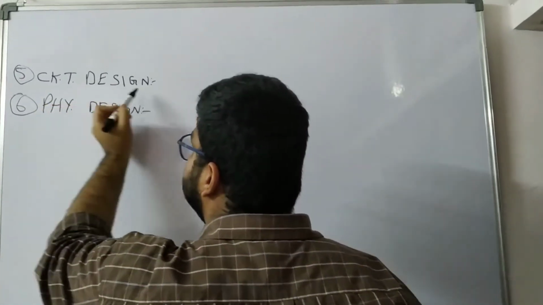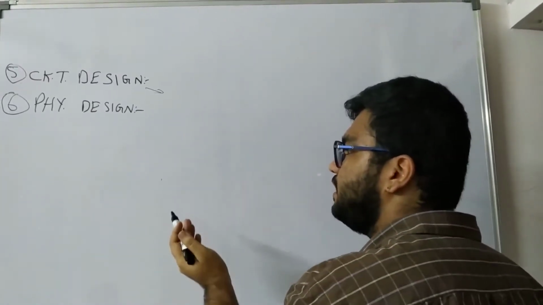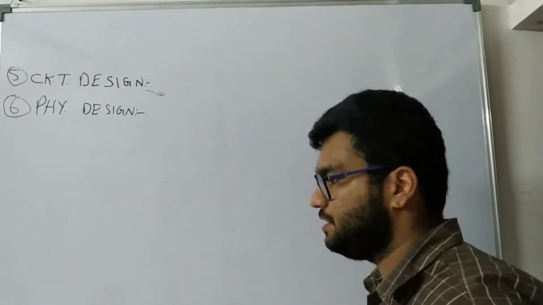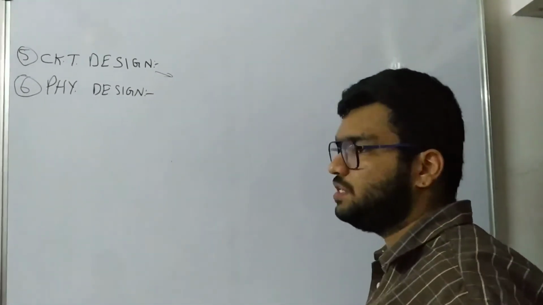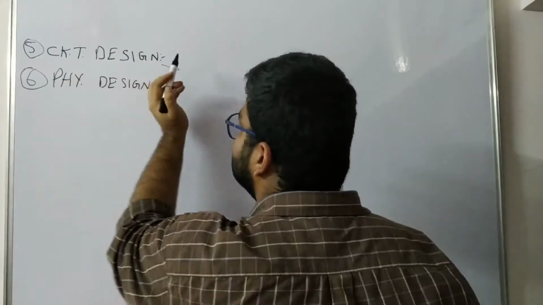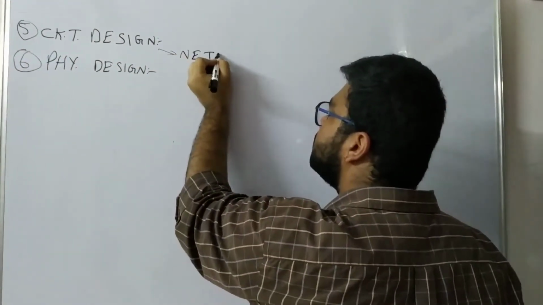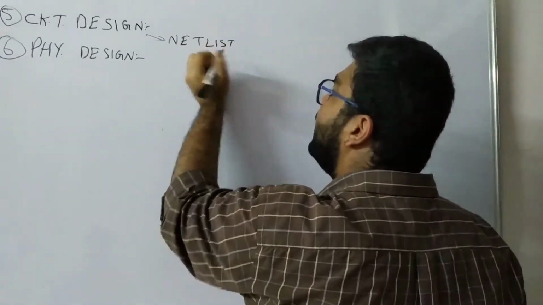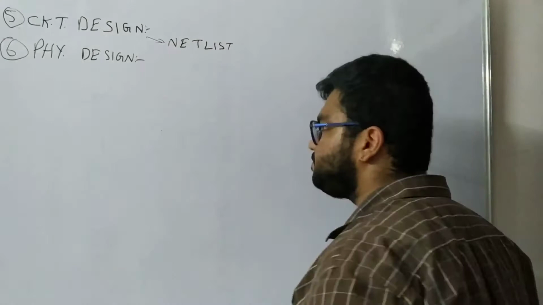The output of this circuit design, that is, we are representing the logic design output in the form of a circuit representation, which tells us what elements or components are used in the circuit. This output is called a netlist. So the output of the fifth step is netlist.